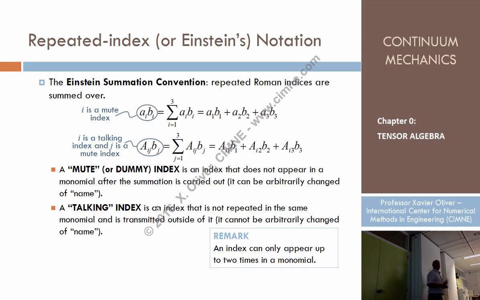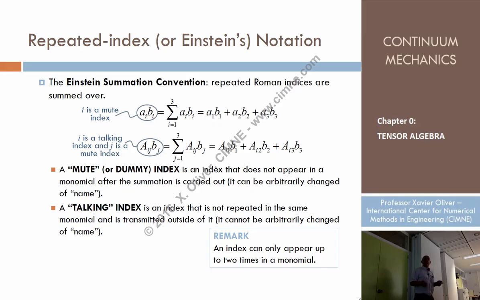So i is called a talking index. Okay? So in expressions now, that's the index or repeated index notation that says that in a monomial like that, whenever I have a repeated index, that index is summed up as many times as the possible values the index can take. And that is called a mute index, but it can be replaced by any other letter, and it won't affect the result.